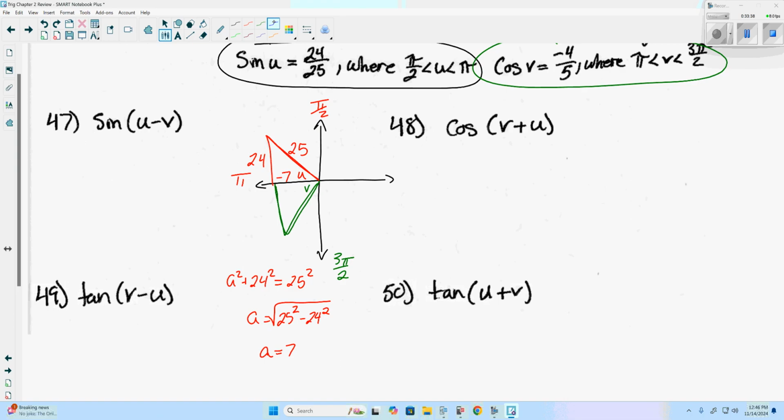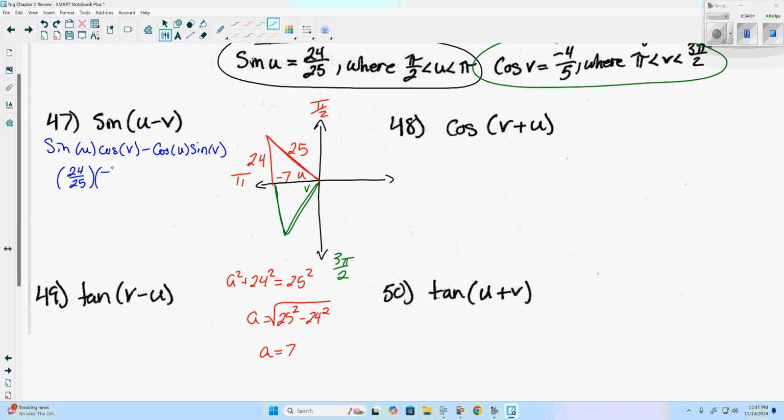They're all on the reference sheet. For 47, our difference, this would be sine of U cosine of V minus cosine of U sine of V.